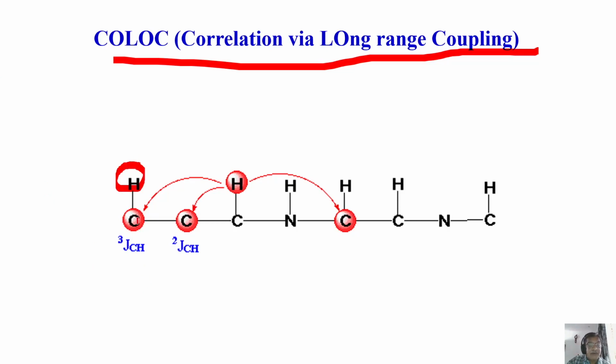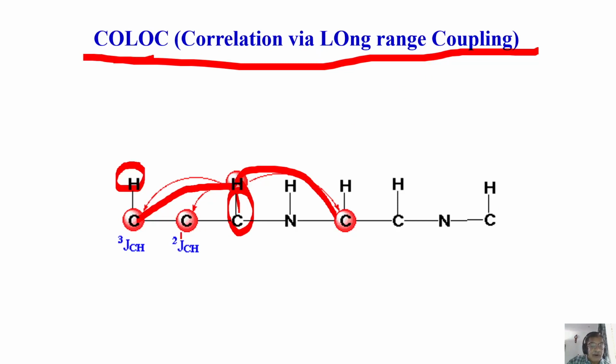But now this carbon can correlate to this proton, and this can correlate to this carbon, and this correlation we can eliminate and do an experiment where you get a correlation peak only for the carbons which are coupled to remote protons. That type of experiment is called a COLOC experiment, correlation via long-range coupling.